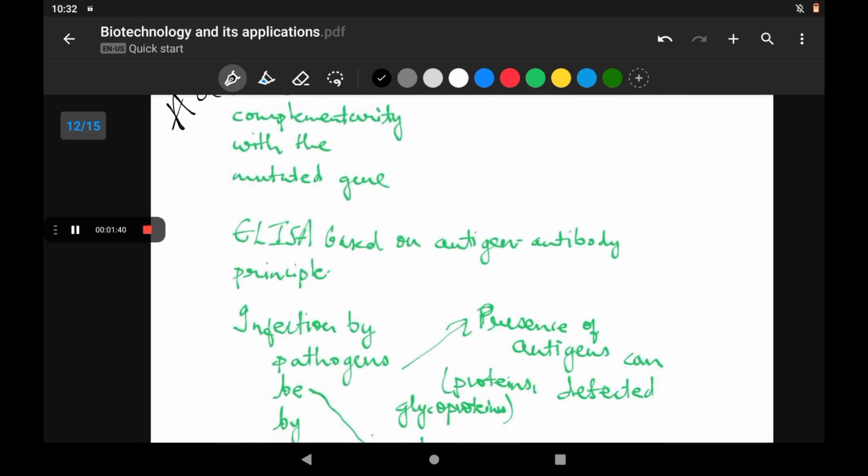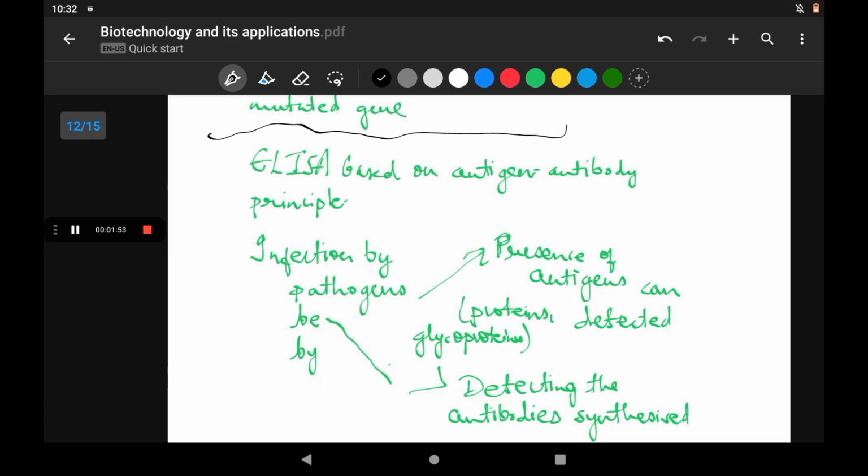The next diagnostic method is the ELISA method. ELISA is based on the antigen-antibody principle. You already know that ELISA is enzyme-linked immunosorbent assay. The infection by pathogens can be recognized by studying the presence of antigens. You can identify the antigens and say that the disease has happened.